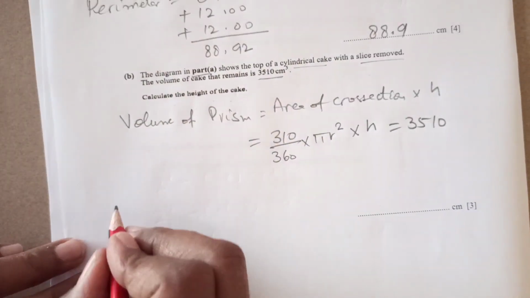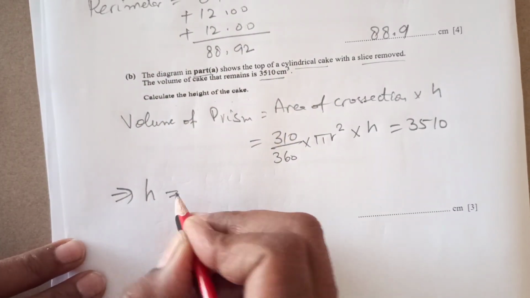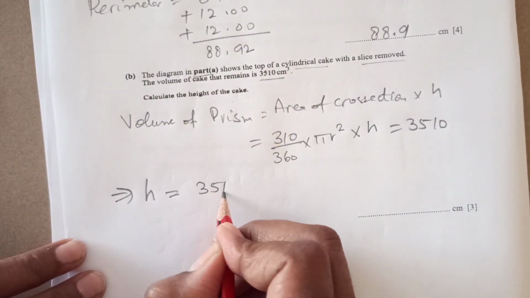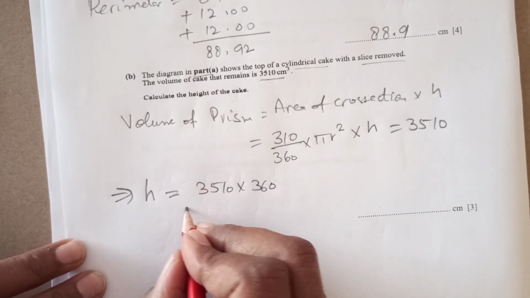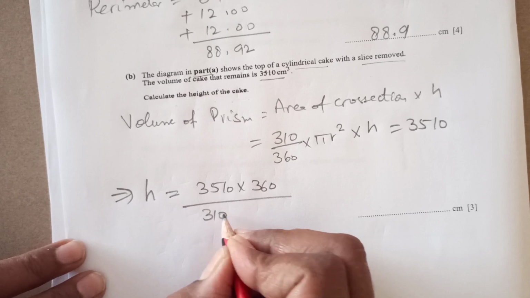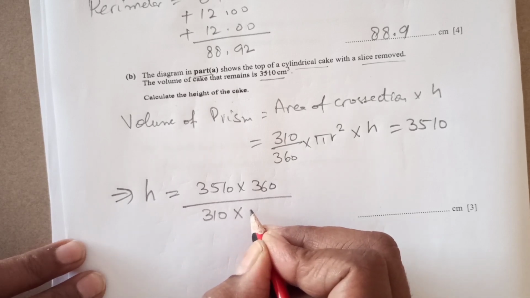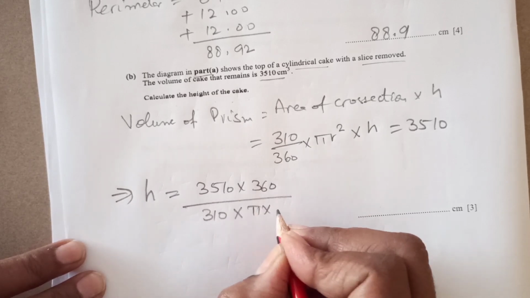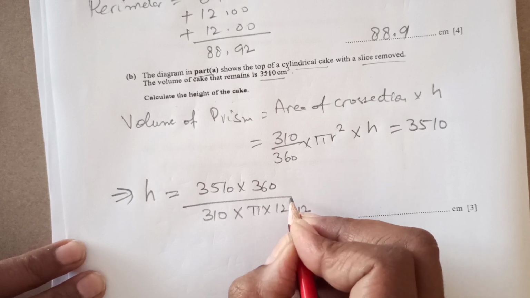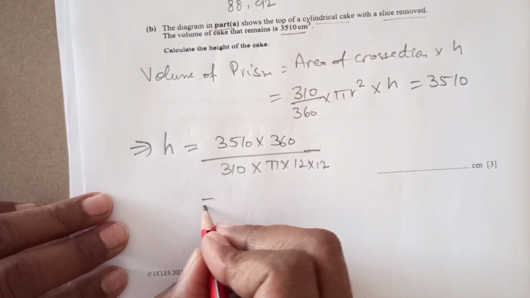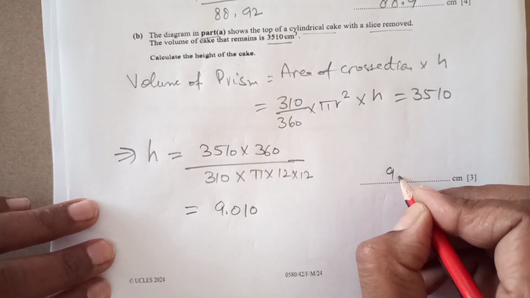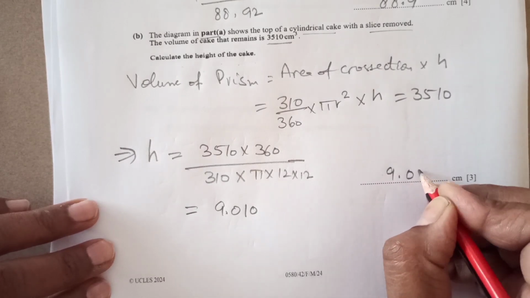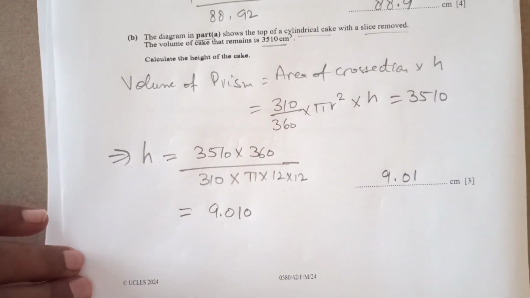So from here we are going to calculate the value of h. h is going to be 3510 times 360 over 310 times pi r squared, pi and r is 12 times 12, right? So once you calculate this, you are going to get 9.010. So to 3 significant figures, it's 9.01 centimeters, right?